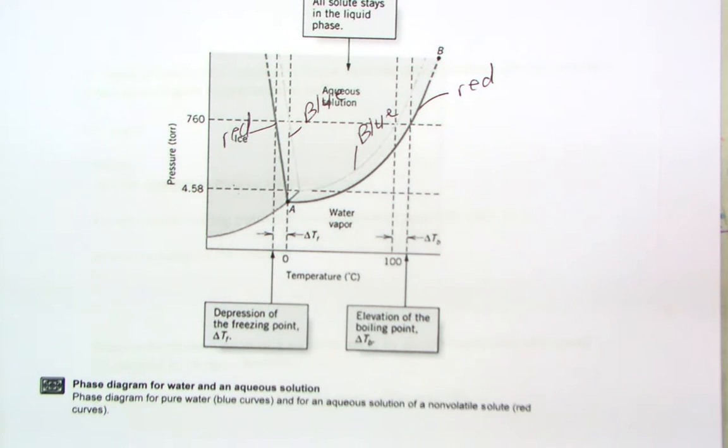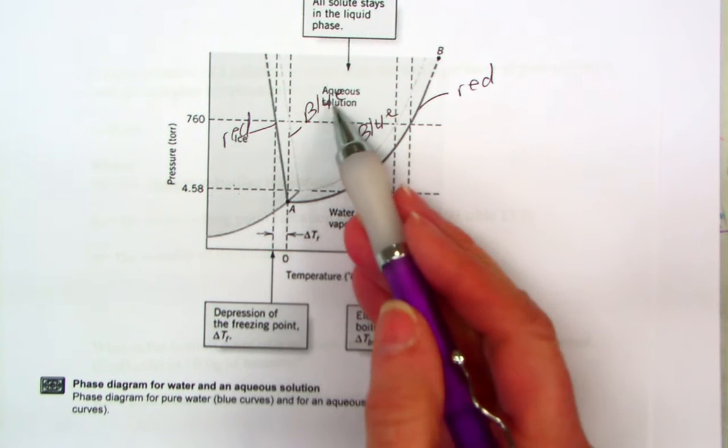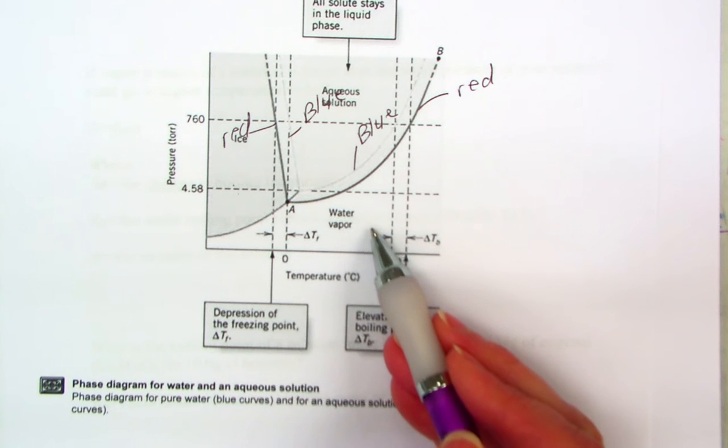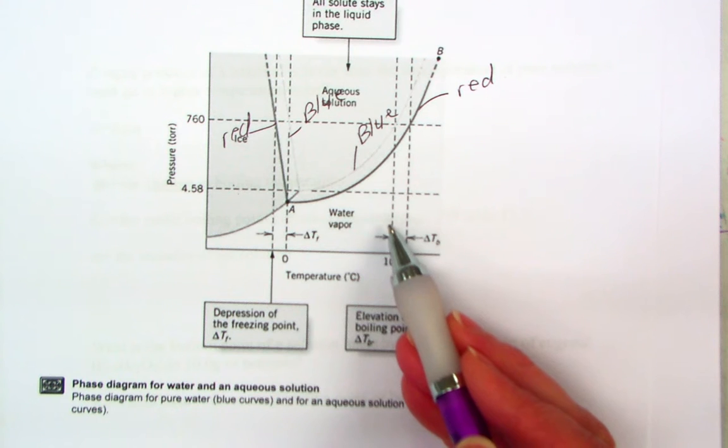And what's going on there is this. When you have a non-volatile solute, like salt in water that we had in lab, and you boil off the water, what happens to the salt? It stayed behind. So there was no salt in the water vapor, correct? So I have salt in the solution, but here I had pure water vapor. Does that make sense? The salt didn't evaporate.